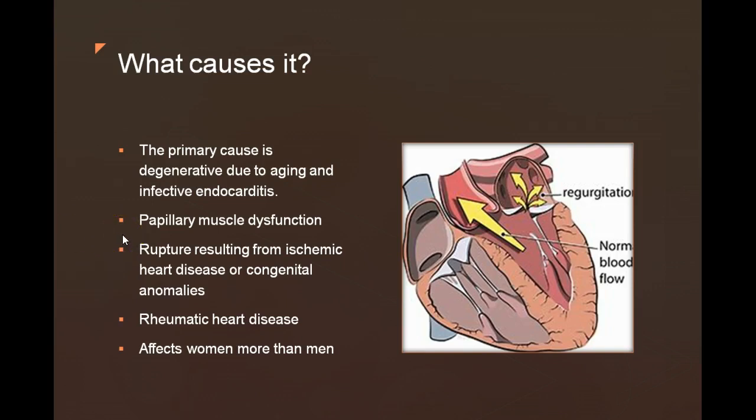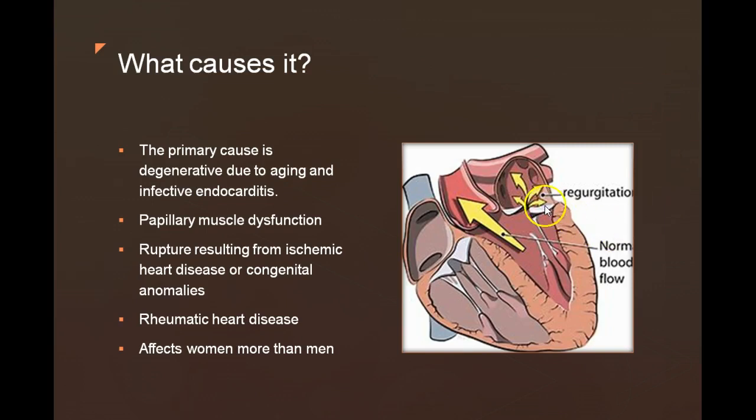You can have papillary muscle dysfunction or rupture resulting from ischemic heart disease or congenital anomalies. Again, you see rheumatic heart disease or rheumatic fever, and this more commonly affects women than men actually.